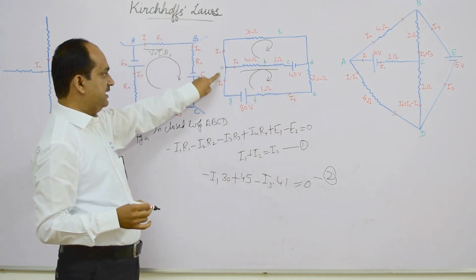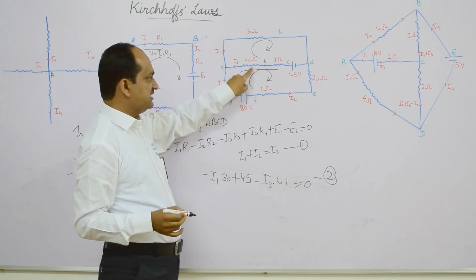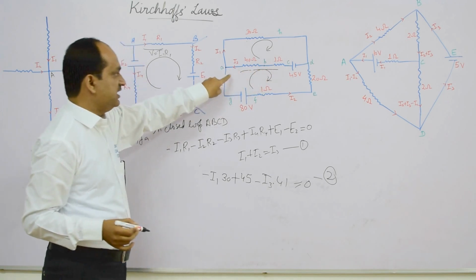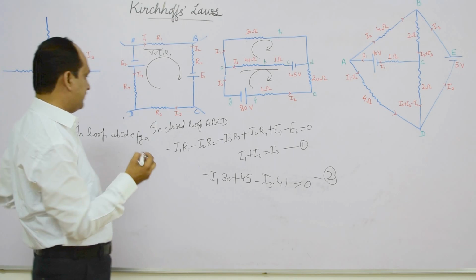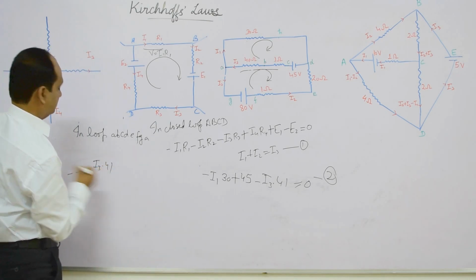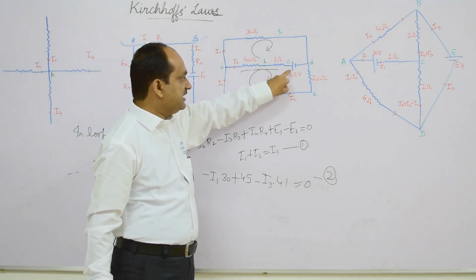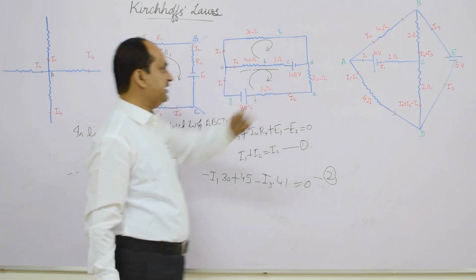If we move from A, we find that 40 and 1 ohm resistors are in series, so their equivalent resistor is 41 and the current is in anti-clockwise direction, so its direction will be positive. So we can write I3 into 41. Next, in this cell, we are getting first positive terminal and then negative terminal, so our EMF will be negative.